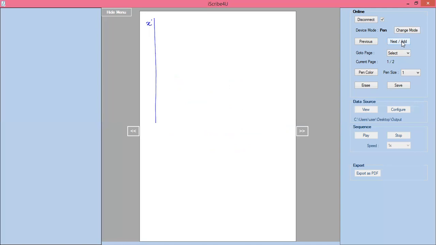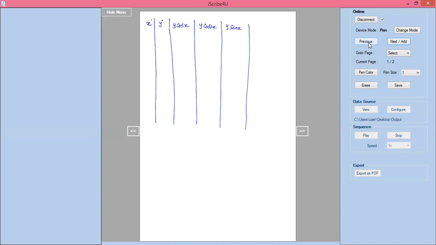Next should be y. The values of y are these. Next I will write directly. Here we require y cos x and y cos 2x. First I will write y cos x, and next one should be y cos 2x. Similarly, y sin x, y sin 2x. Right. So now I will take the x values.